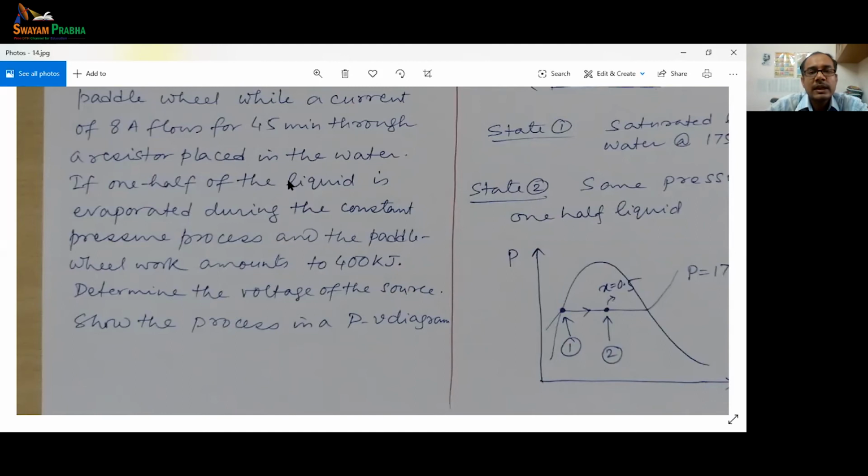Okay, so the electrical work input is not given directly. We have to find that out. The current is given, the time for how long the current flowed is given, but the voltage is not known. So that's what we are going to find out, and we have to show it in a PV diagram as well.